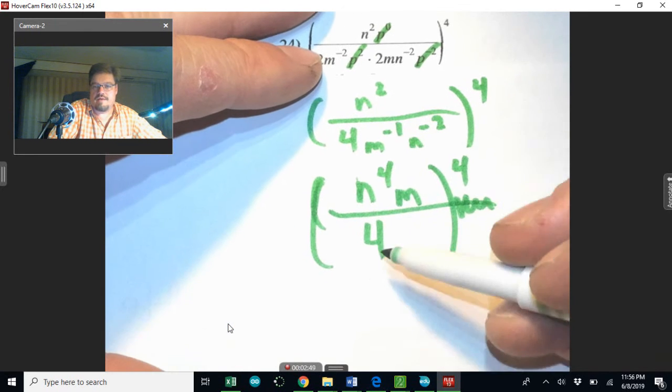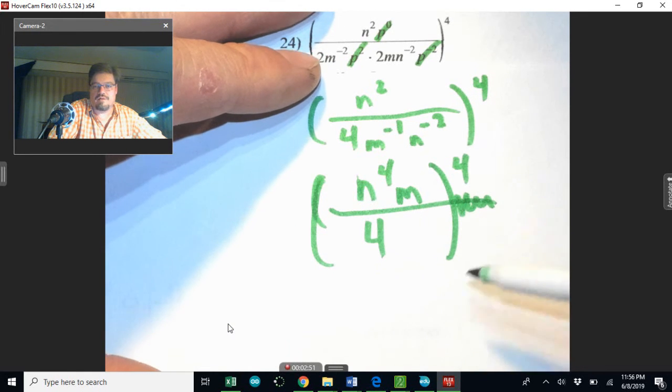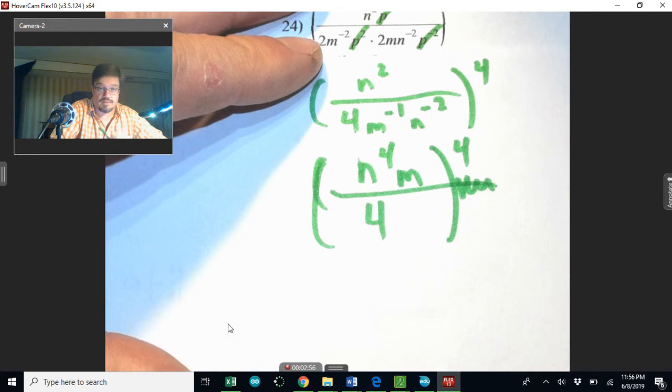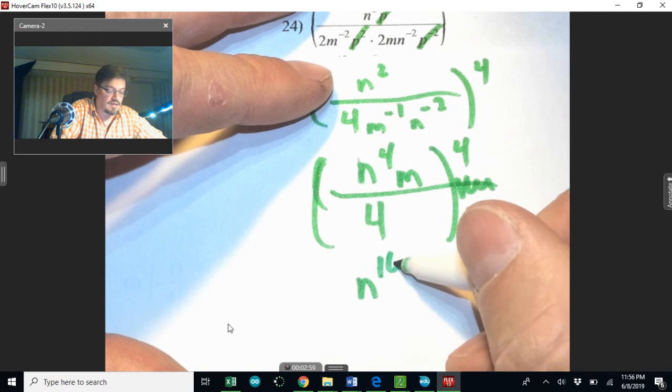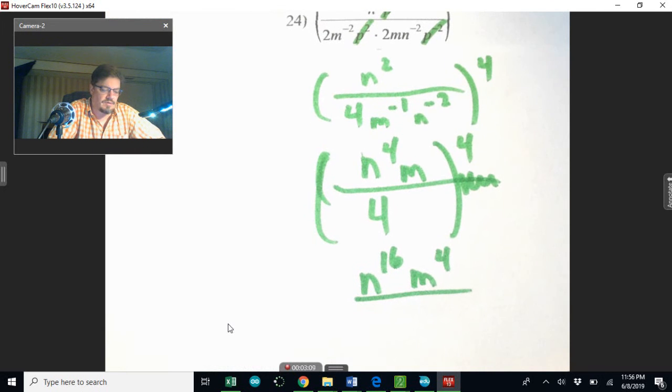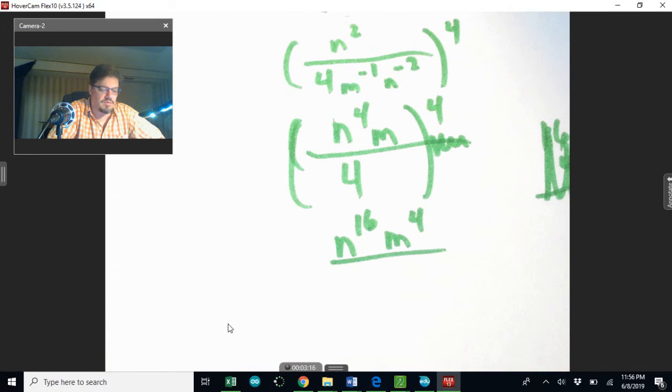So now every exponent is positive. Let's multiply it all by 4. So we get n to the 16th, m to the 4th, and then 4 to the 4th, which is 16 times 16, which is 256. 16 times 4 is 64, 64 times 4, carry the 1, 256.